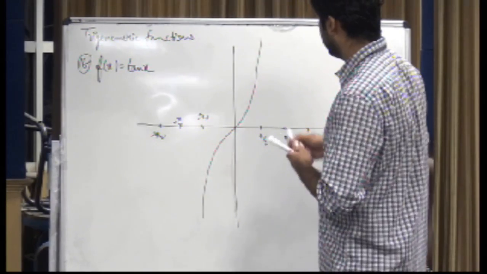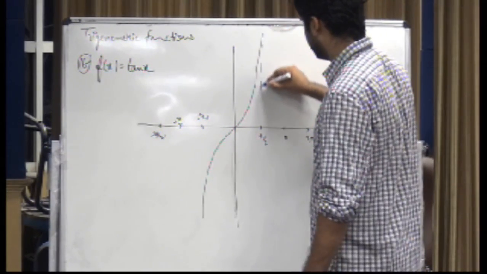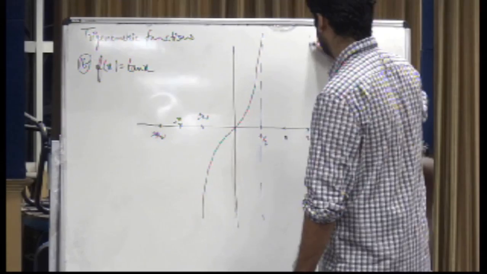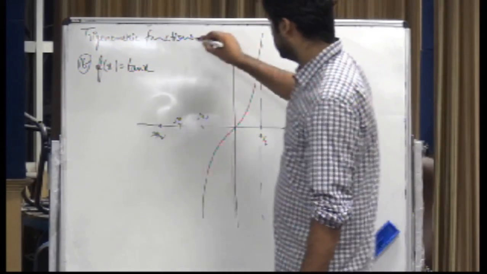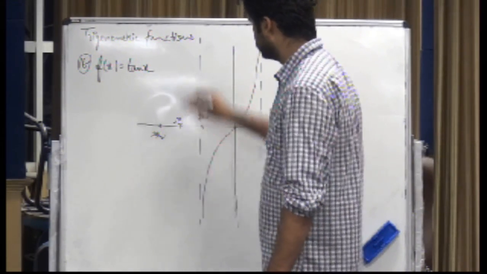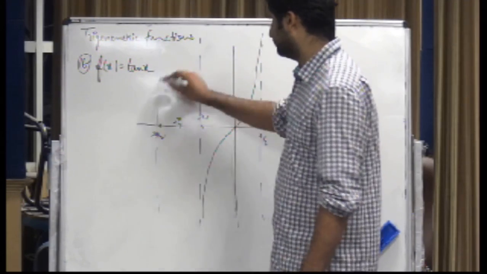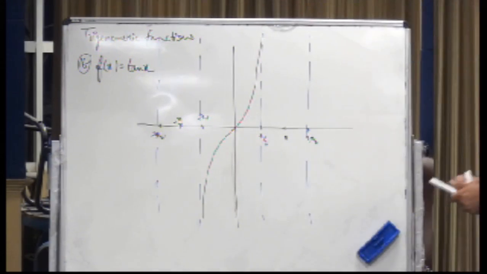So these are the lines x is equal to pi by 2, x is equal to 3 pi by 2, minus pi by 2 and minus 3 pi by 2, right? So this pattern will keep repeating itself.